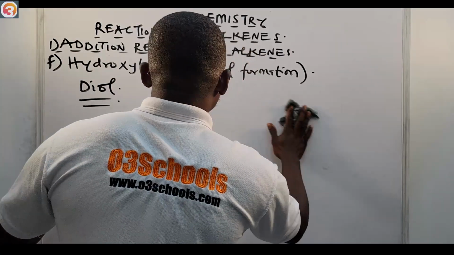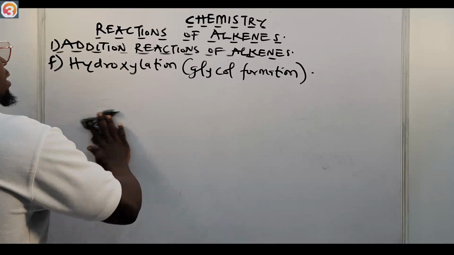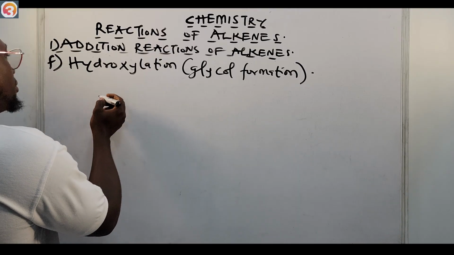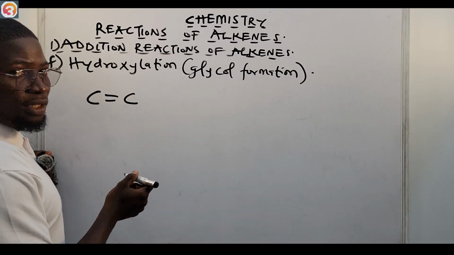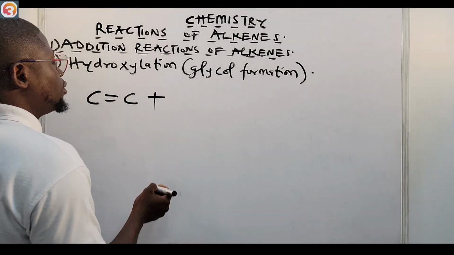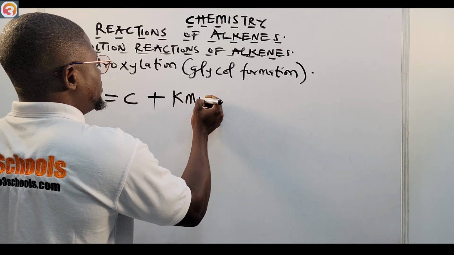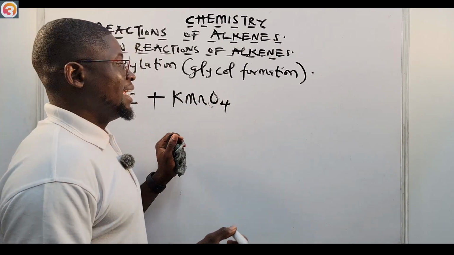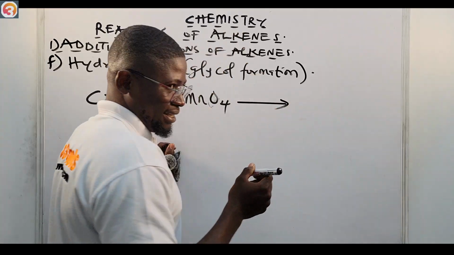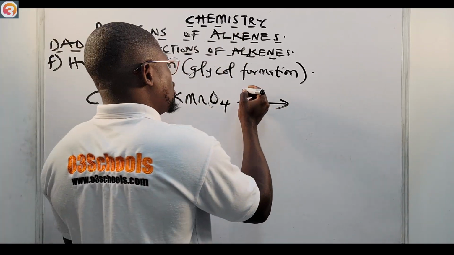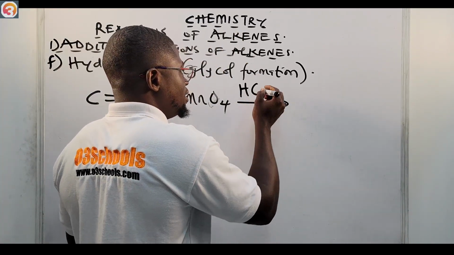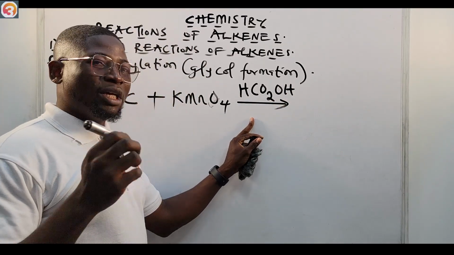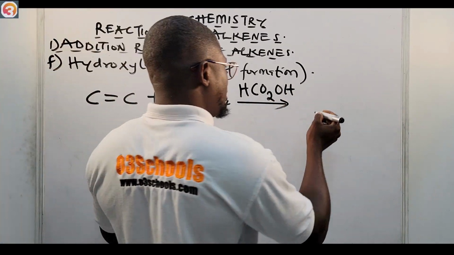Let us talk about the general formula first. A reaction between an alkene plus KMnO4, in the presence or under the influence of performic acid, HCO2OH, leads to the formation of a diol.